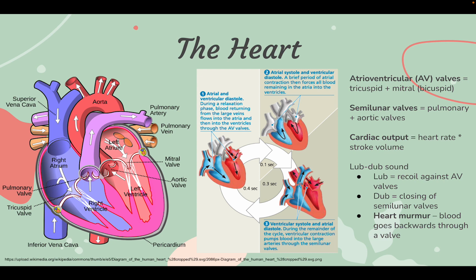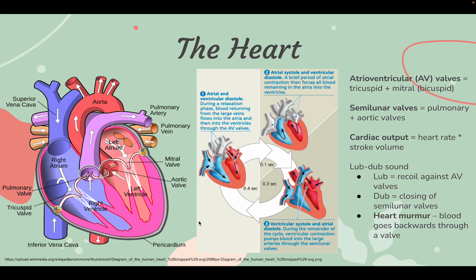And then something else, cardiac output, which is a calculated number, is the heart rate times the stroke volume, which is the amount of blood pumped per beat. This basically shows how much blood you're pumping per minute, and this is about 5 liters.